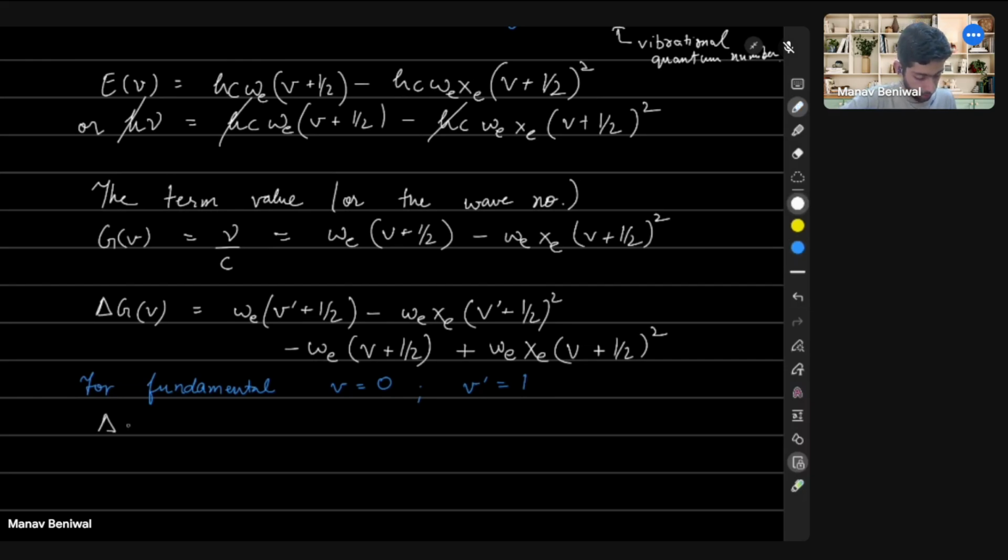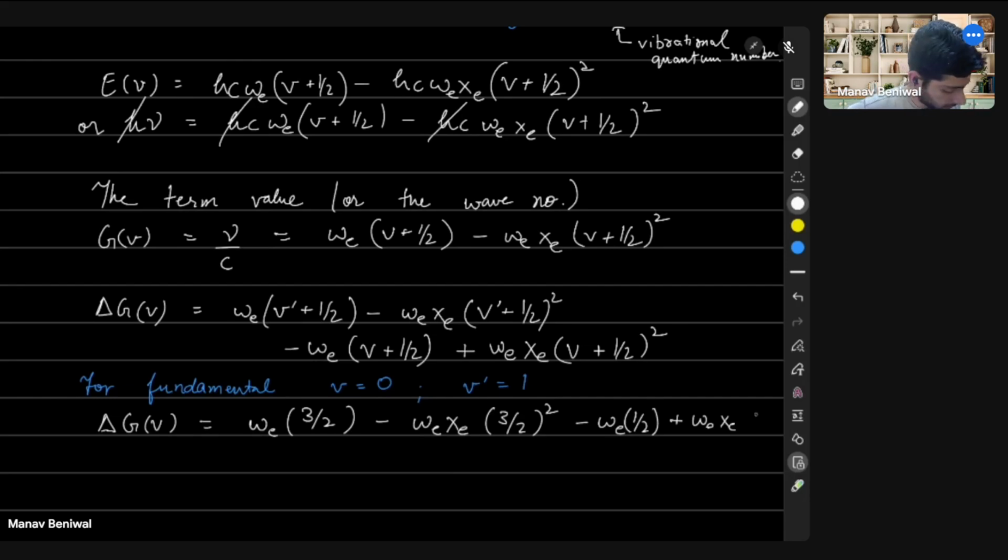Therefore delta G v will simply become omega e times 3 by 2 minus omega e x e times 3 by 2 squared, minus omega e times 1 by 2 and omega e x e times 1 by 2 squared.